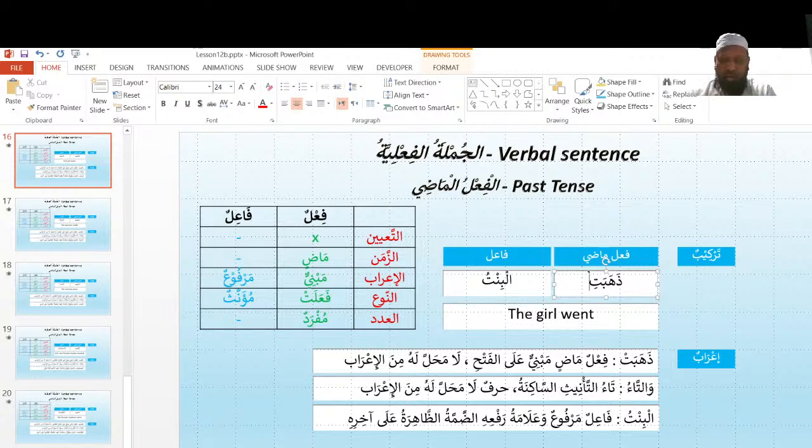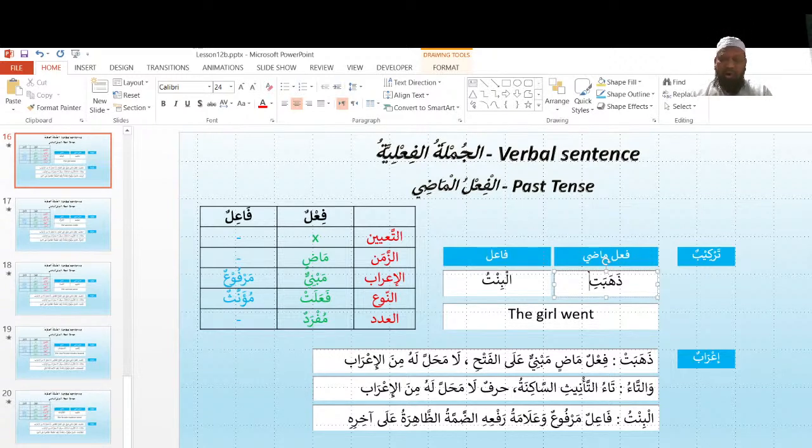One thing. Number two, the fi'l ذهب is the original, right? ذهب. The ba is the last letter, and it has a fatha. So we say فعل ماض مبني على الفتح, because the last letter is the ba.